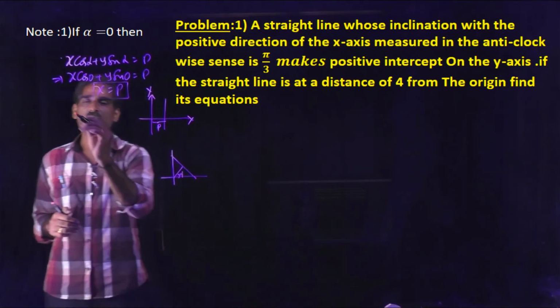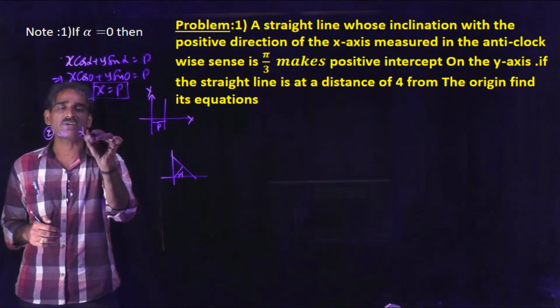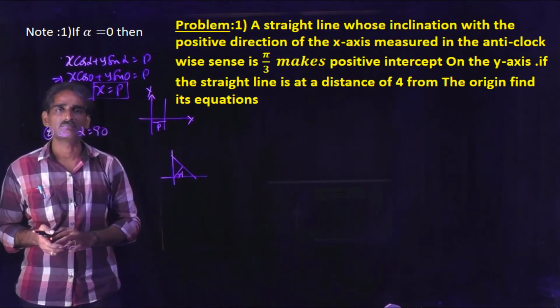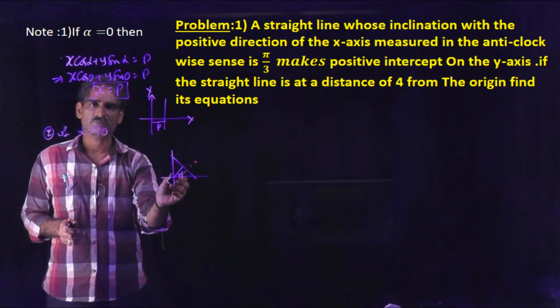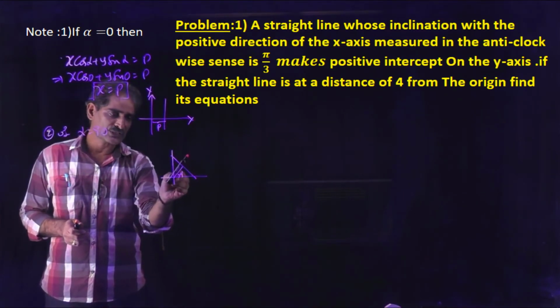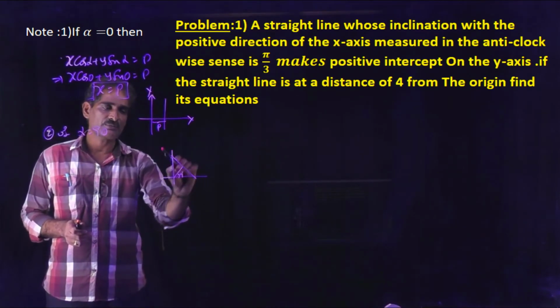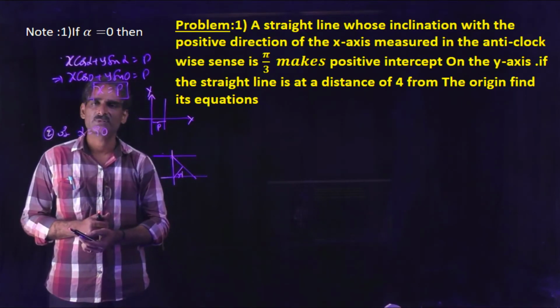So now take the second case. If alpha is equal to 90, what will happen? Just observe that this is the original position, and the angle made by the normal is alpha. If alpha is 90, that means if this angle is increased to 90, this line coincides with this. This line becomes a line parallel to the x-axis. Understand?